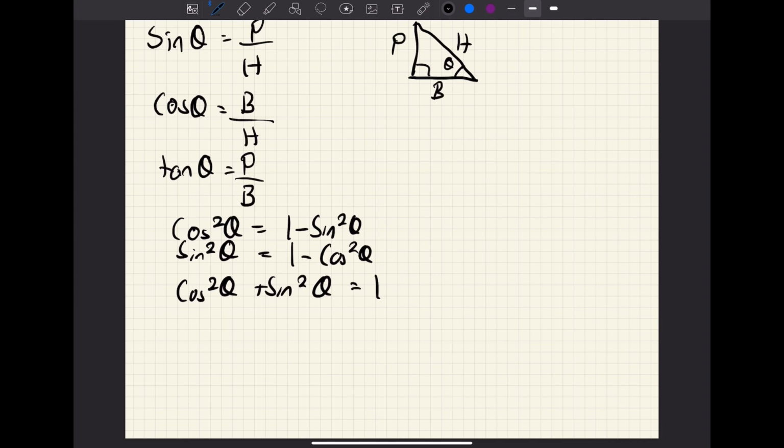I hope you guys know why that is, because let's replace cos square theta with 1 minus sine square theta, plus sine square theta. Minus sine square theta plus sine square theta is 0, so you'll be left with 1. So we proved it.